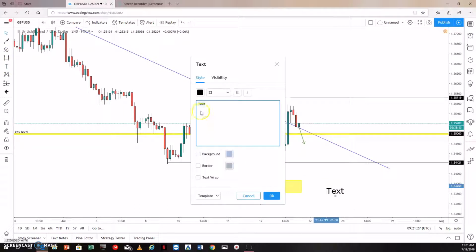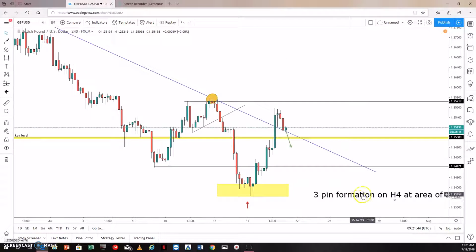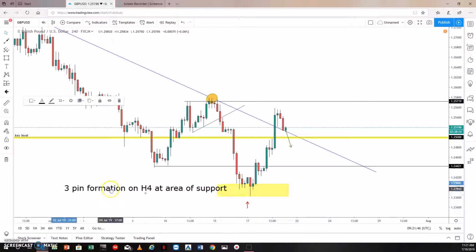The biggest giveaway for this trade was the 3 pin formation on the 4 hour at an area of support. That was the big giveaway for this trade here.